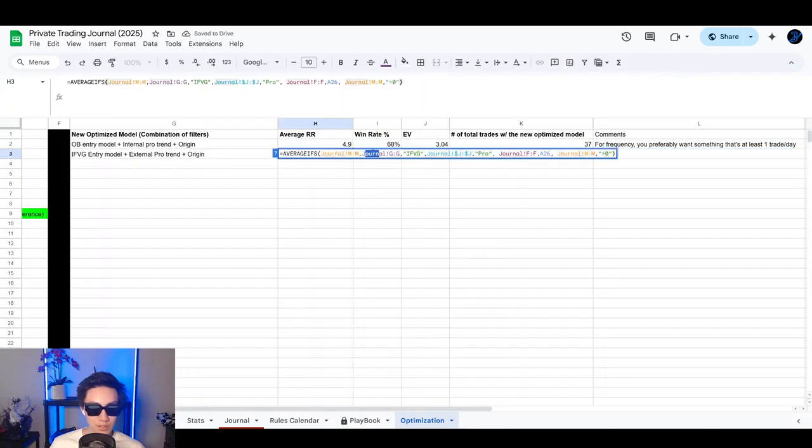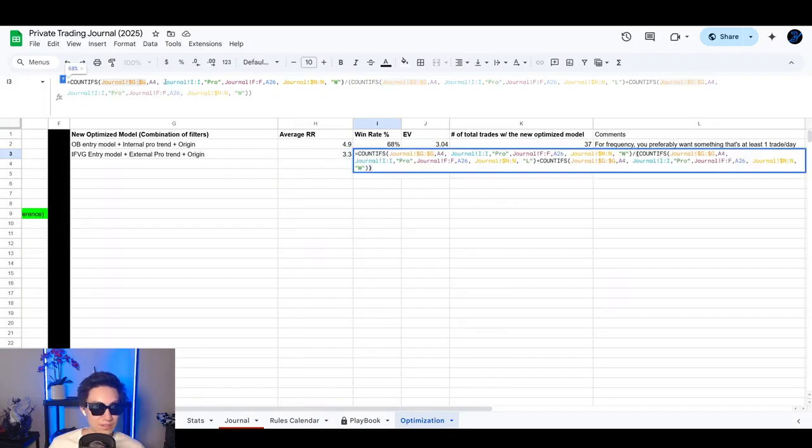So we take this part, which is the filter part. You don't want to take the M to M because, if you go back to the formula here, if it opens up, guess it won't open up here. This is basically where it's looking to average the risk reward column, so that's nothing to do with win rate. We want to just take this filter section here and paste it into here.